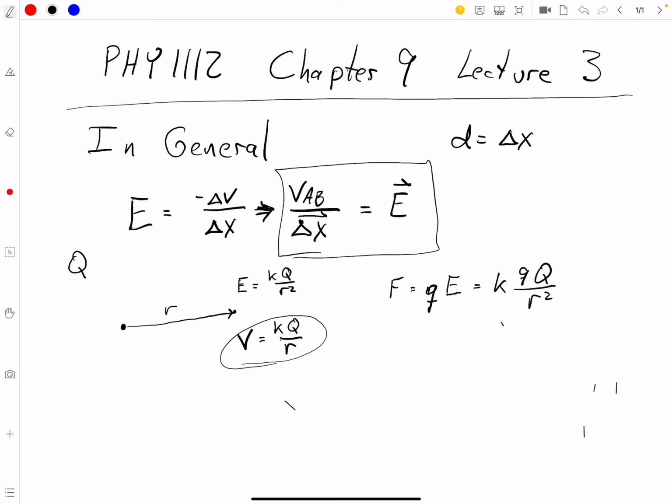When we go to get our voltage, it is equal to R at that point times E, because R is our distance away.